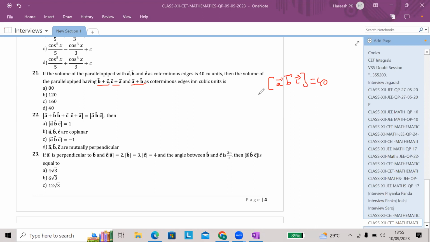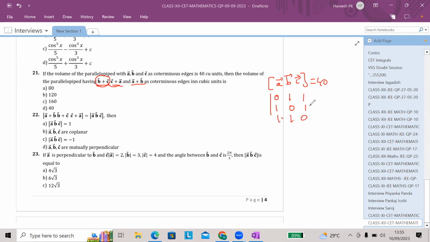We'll have to use the formula. Whatever are the coefficients of A, B, C here, you should write it in the first row. A's coefficient is 0. B, there is one B here and one C. And in the second vector, A and C both are 1, 1. B is 0. The third one, A, B are 1, 1.